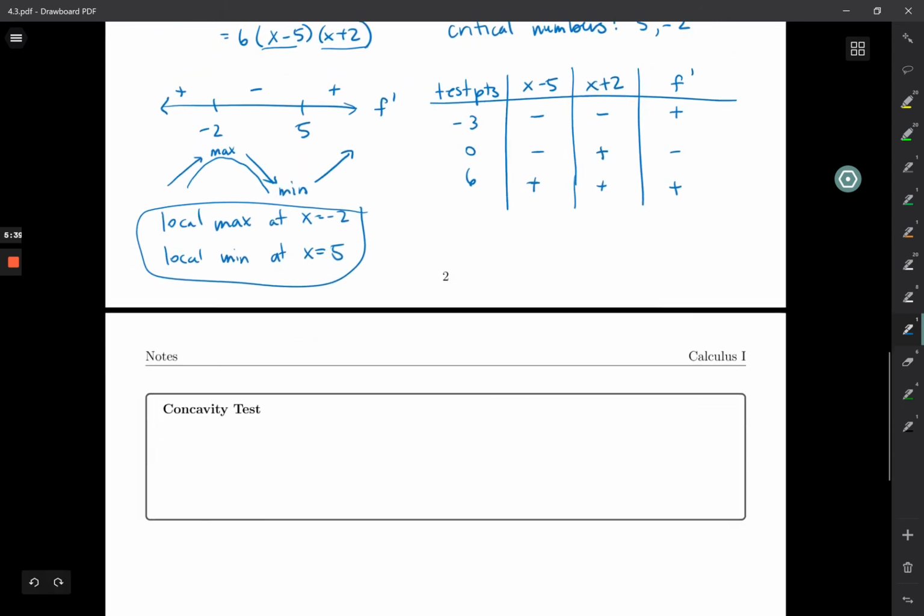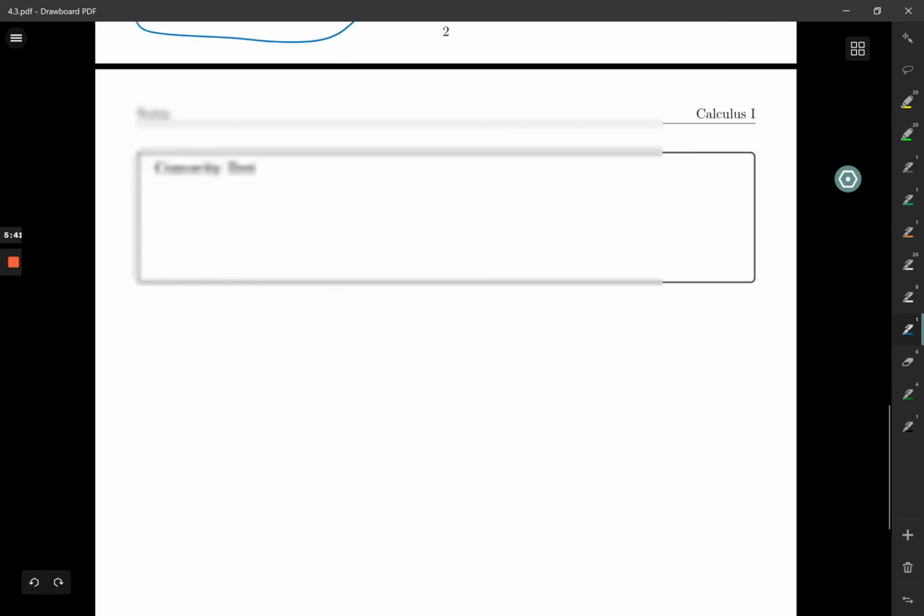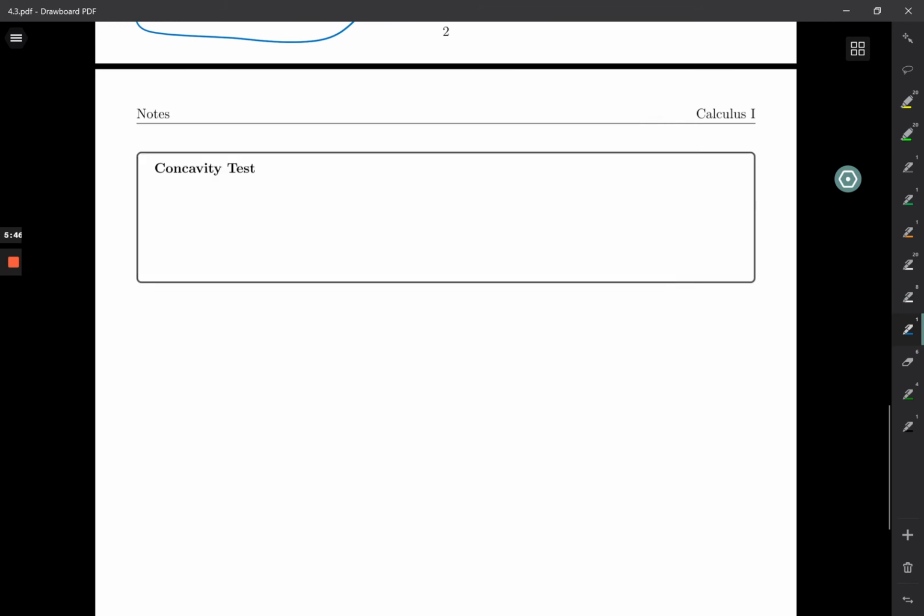Okay, and so the last thing that we're going to talk about in the first part of this section, so we'll have to do a second part for the rest of it, is that we can actually use the second derivative to test a function for concavity.